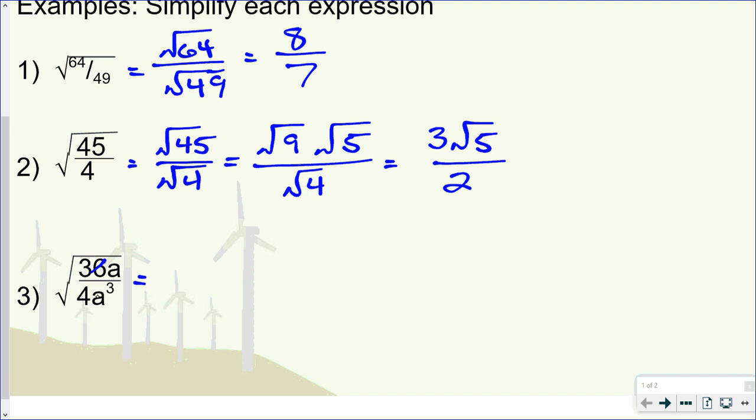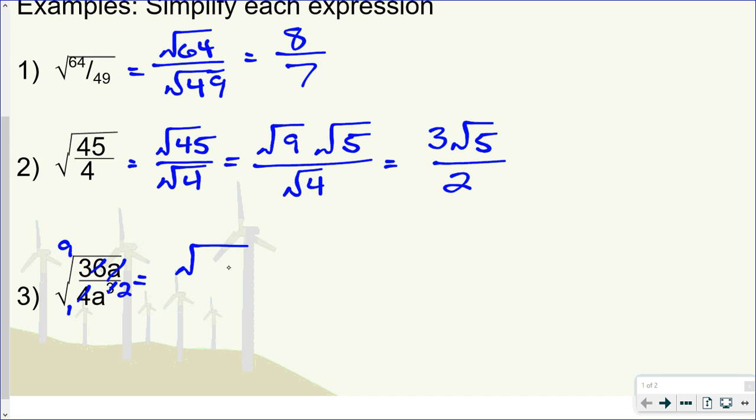So that can be simplified to 1 and 9. And the a's, I can take this a and cancel it out with one of these a's, and that would change this to a to the second. So now let's see what we have. So now I'm going to go ahead and split it apart.